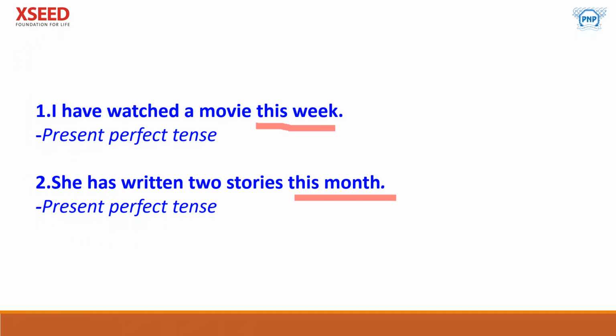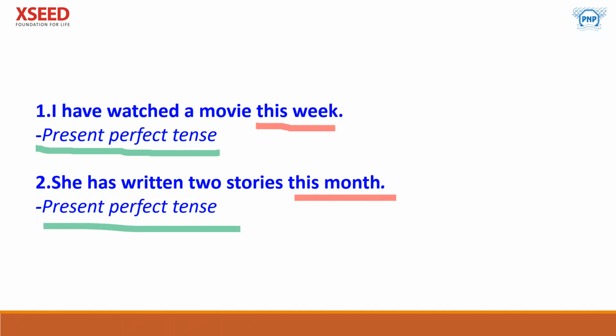These are not completed. If the time periods had already finished, such as last month, which means the thing is now over, or last week or yesterday, then we would use the simple past. Since we are saying this month, this week, it is still going on. Hence, we have used the present perfect tense over here.